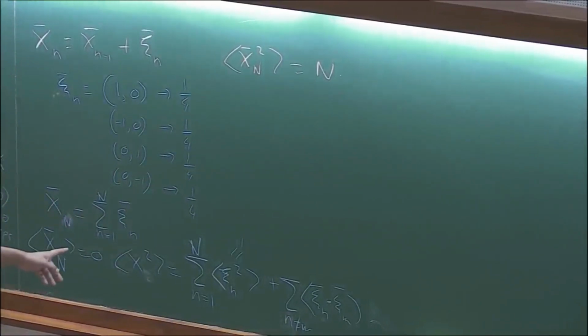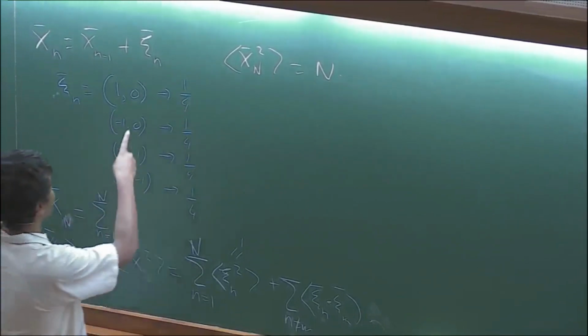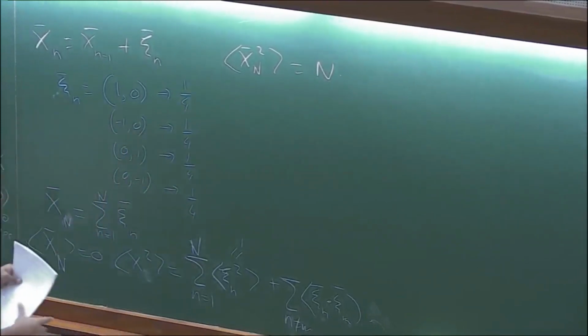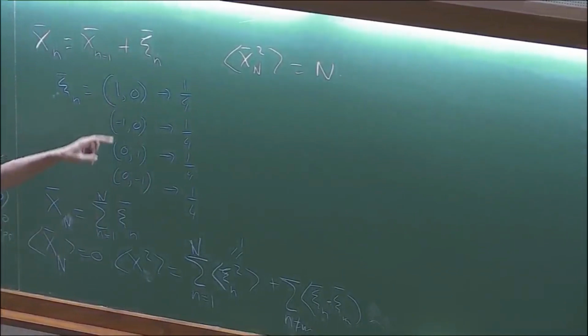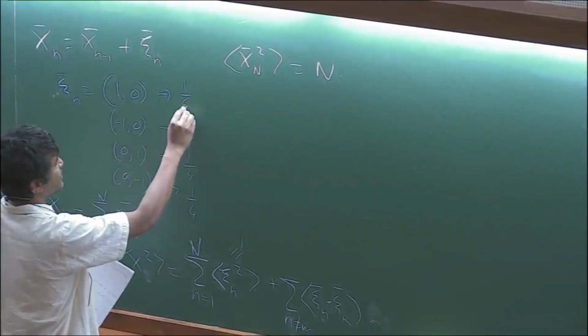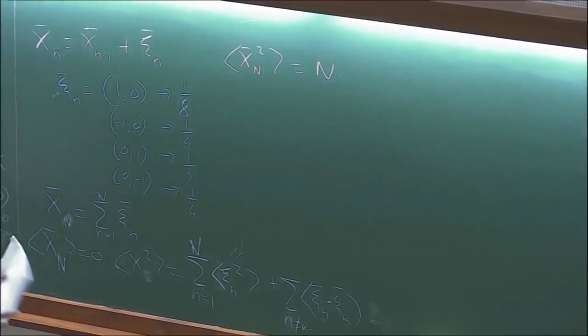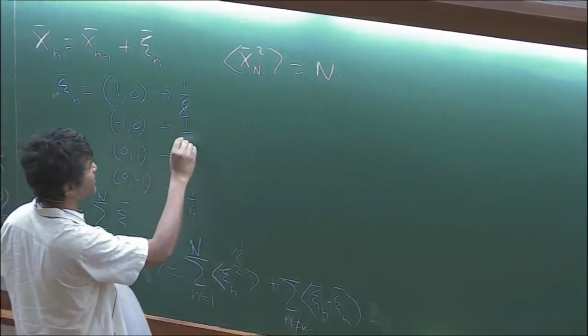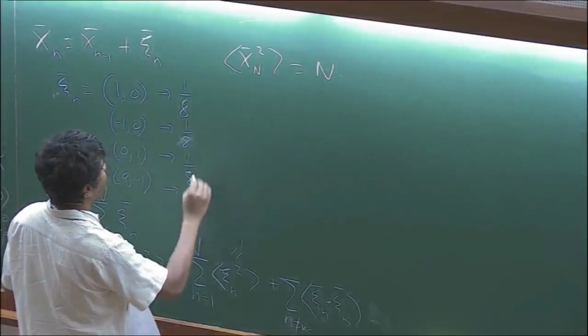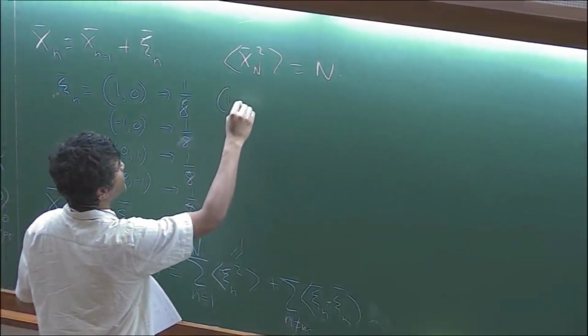And the other thing you should notice is that, I mean, I could have made it more complicated. For example, I could have said that maybe this is 1/8, and it can also go to all these other 4 neighbors. Okay, so all these neighbors with equal probability. So I can also allow something like 1.